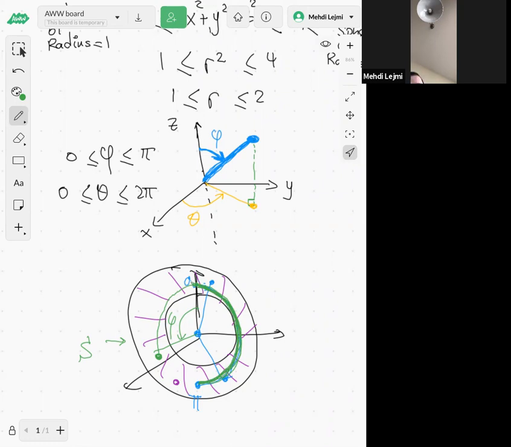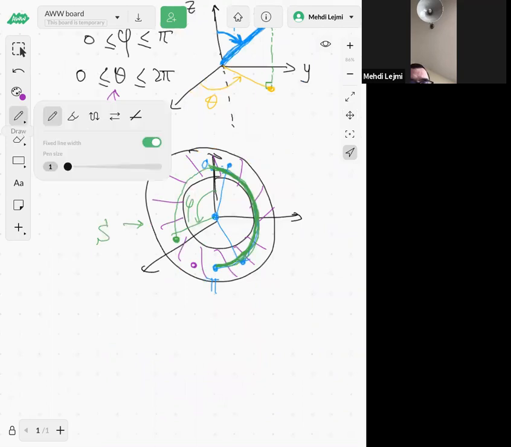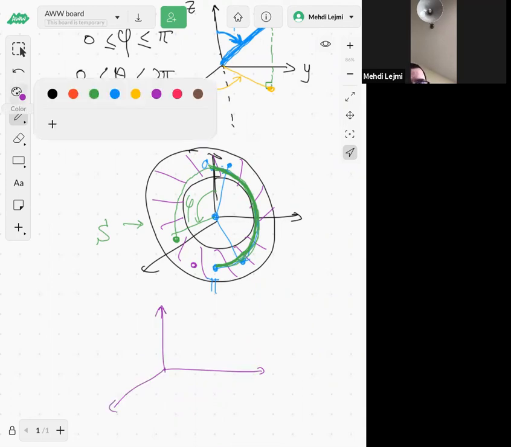And the same here for theta. By definition, theta is supposed to be between 0 and 2 pi, okay? But if you check your solid S here, there's no restriction on theta, because if you take the projection into the XY plane, you have some region here.